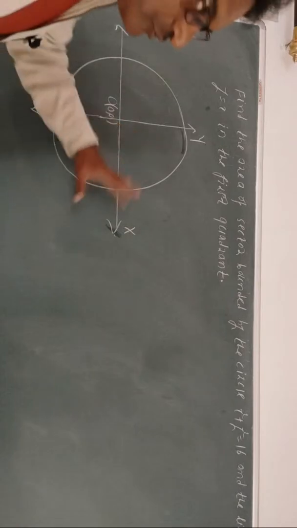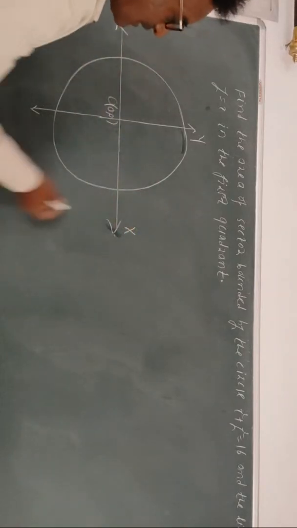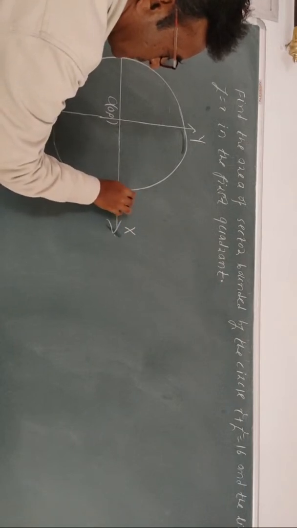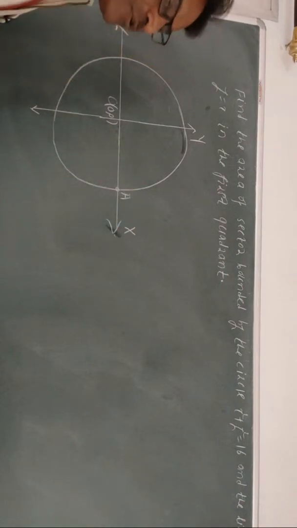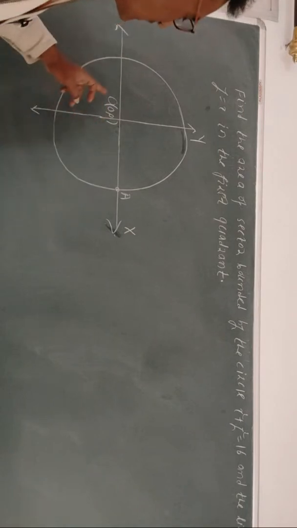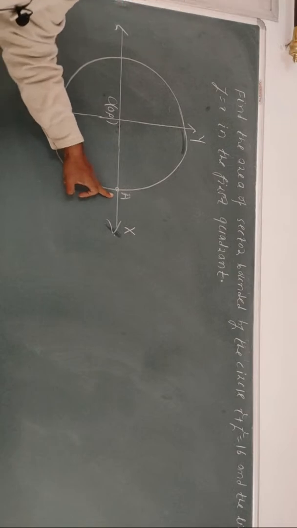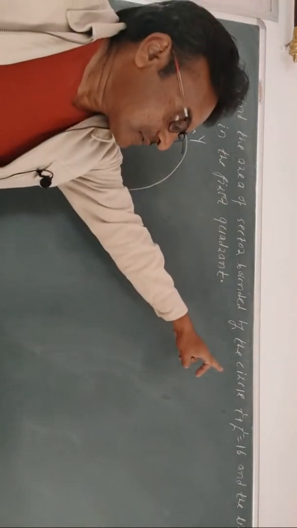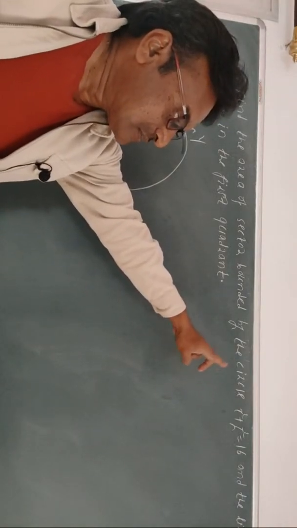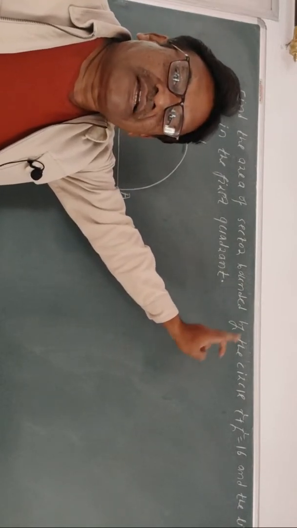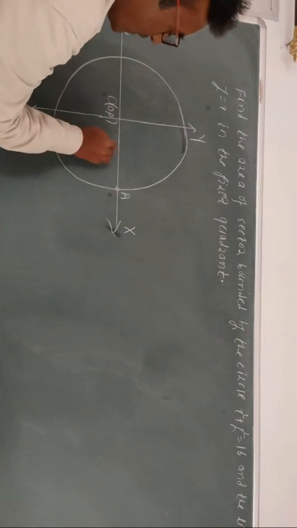Suppose we assume that the given circle cuts the x-axis at point A. Then OA is the radius of the circle, and because this is the standard equation of the circle with center at origin and radius 4, OA is equal to 4.